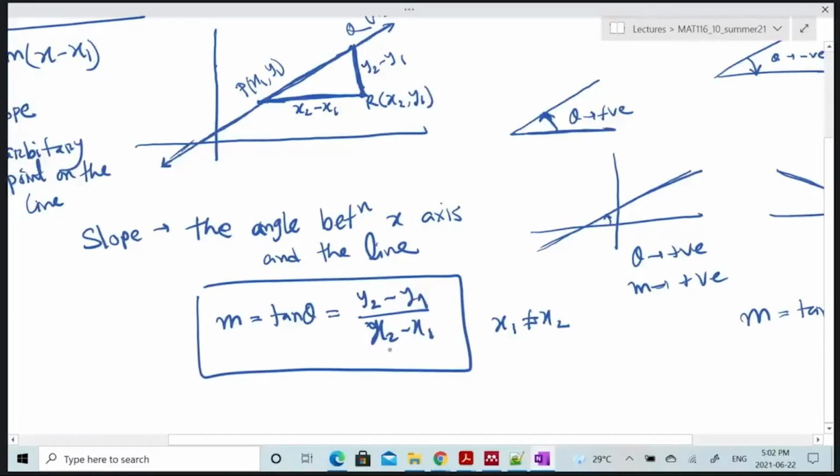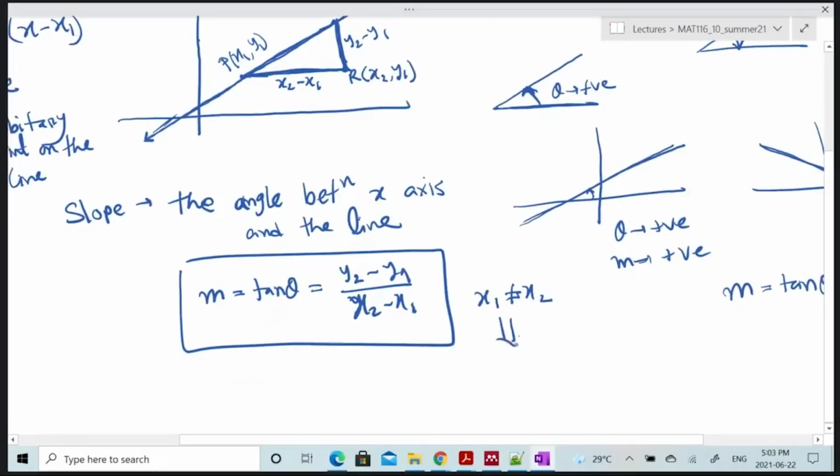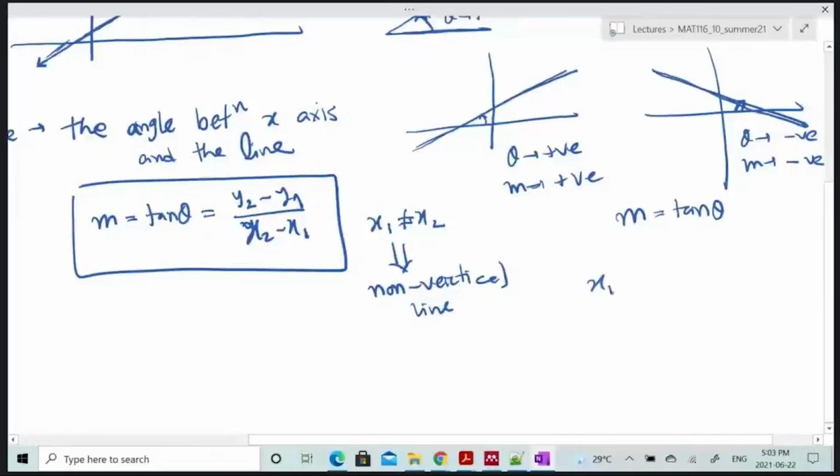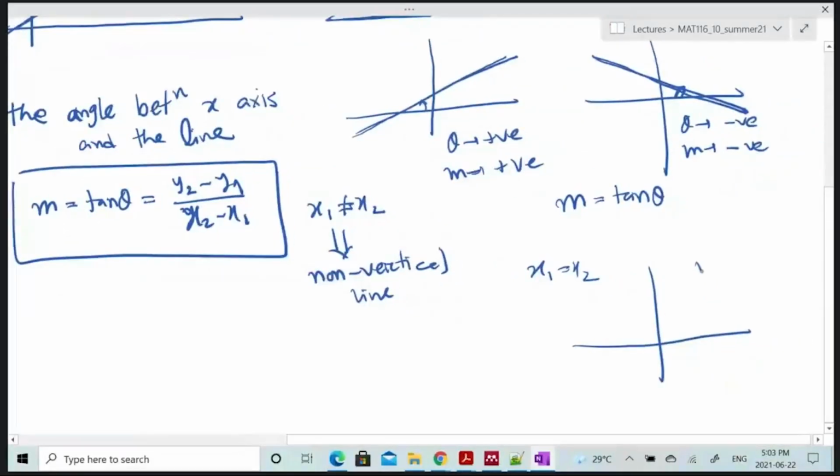কারণ এখানে যদি আমরা x1 equal to x2 put করি, it's going to be undefined. So when x1 is not equal to x2, then this line is called non-vertical line. Because if x1 and x2 become the same, then if we try to draw it, the line is going to be a vertical line.